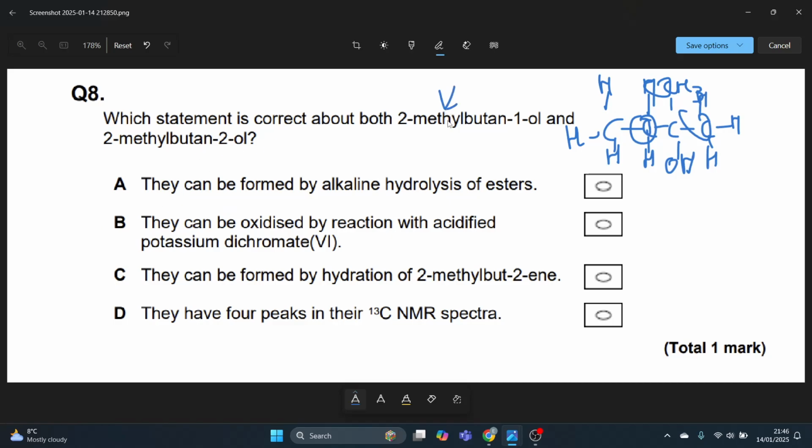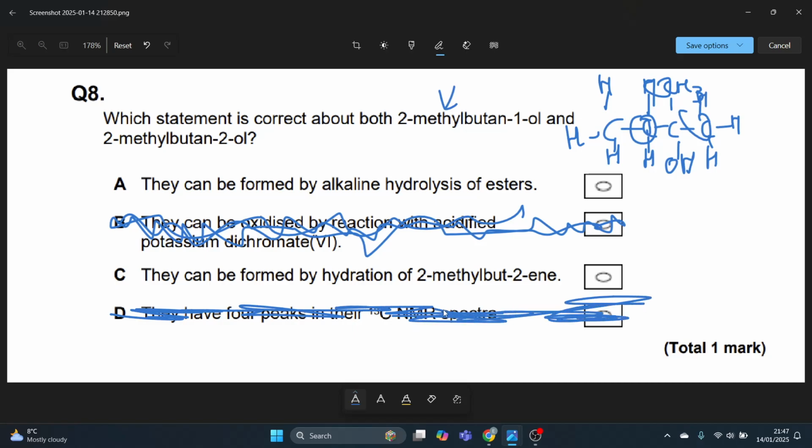This probably can, yeah. I think that's primary, or secondary. It's not a tertiary, but the other one, 2-methylbutan-2-ol, can't. So therefore, they can't both be oxidized by acidified potassium dichromate. They can be formed by hydration of 2-methylbutene. They have 4 peaks in the 13C NMR spectrum.